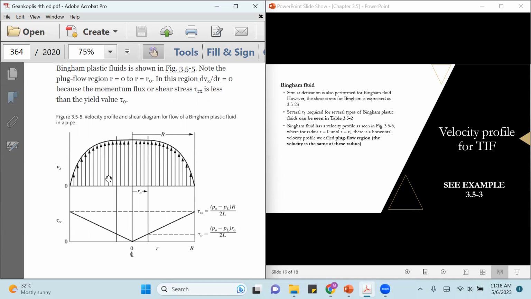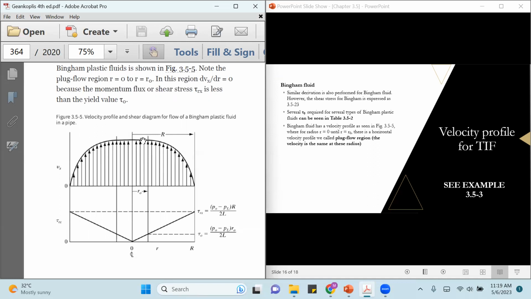So when you see here from r equal to 0 up until r equal to R0, to the left and to the right, there is a horizontal velocity profile. So in this area, they have the same velocity.